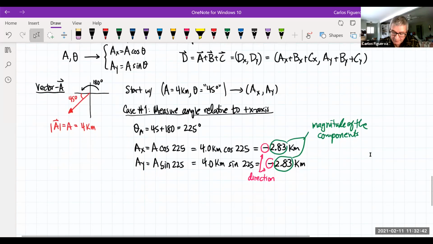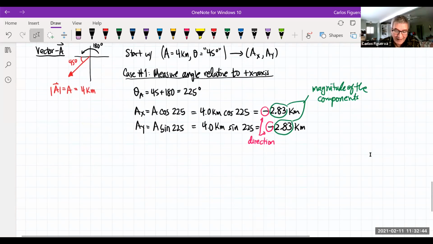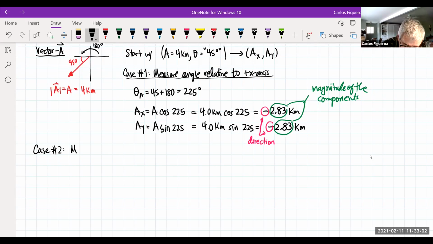So there's another way that we can do this without ever using the 180 degrees. And this brings us to case 2. Here, instead of measuring from the positive x-axis, we're going to measure the angle relative to the minus x-axis.